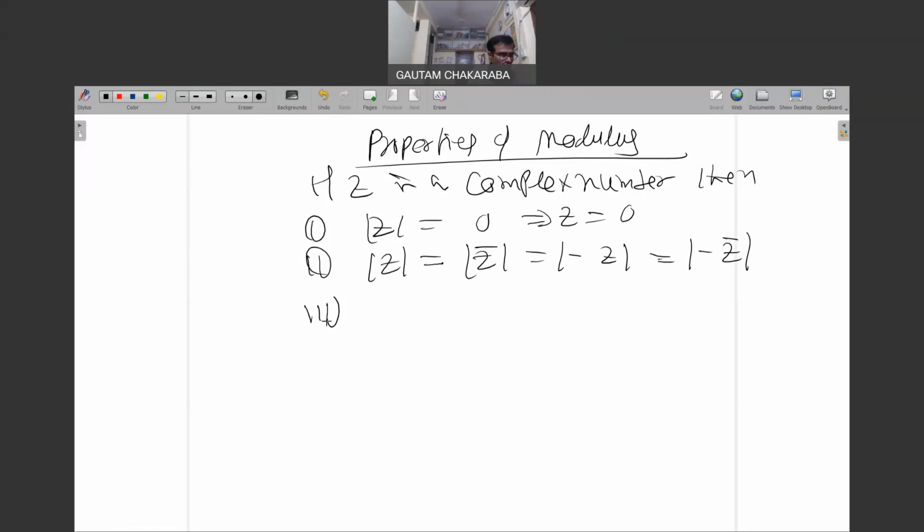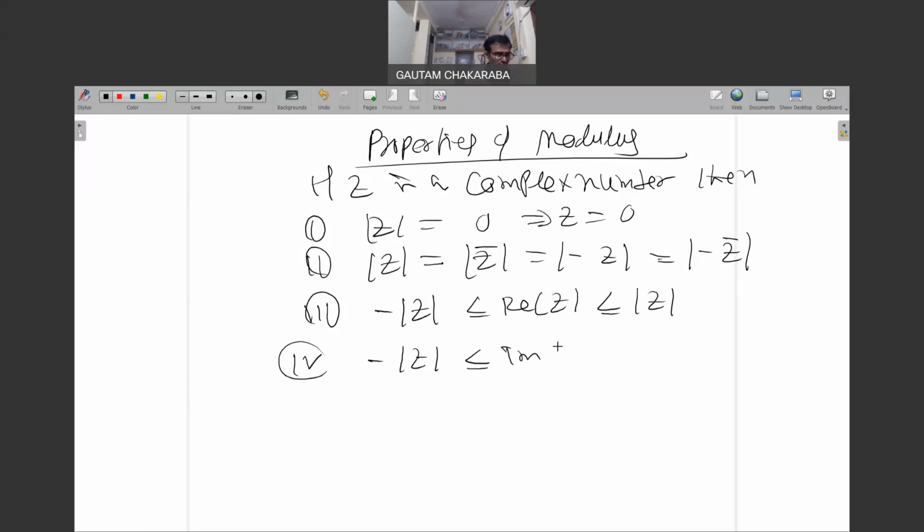Now third part, minus modulus of Z is less than or equal to real part of Z, which is less than or equal to modulus of Z. Now minus modulus of Z is less than or equal to imaginary part of Z, which is less than or equal to modulus of Z. So this is the range.